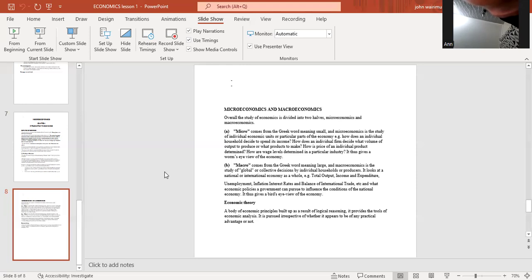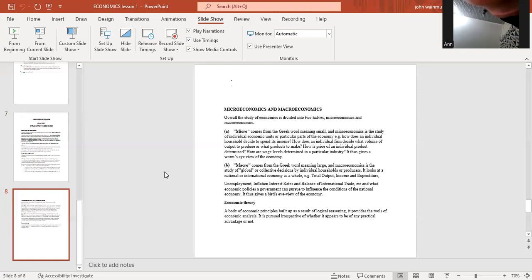But when you're talking about macro, now you figure out a whole country, a whole continent. Macro, the bigger one. So macroeconomics comes from the Greek word meaning large, and macroeconomics is the study of global or collective decisions by individual households or producers.